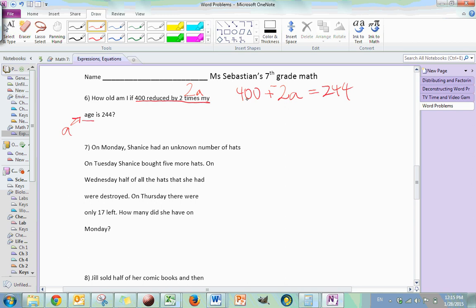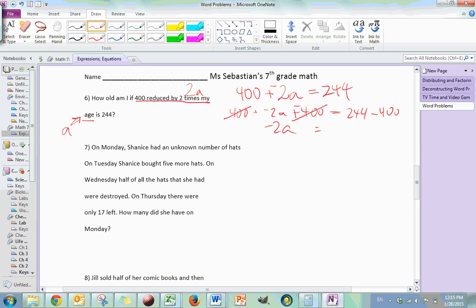Okay, so similarly to the last problem, I can change this to minus. And then I could rearrange, but I'm going to kind of skip that step. And I'm just going to say, hey, let's subtract 400 on both sides. You could have rearranged if you really want. It doesn't make a difference. You just need to know that this 400, which is positive, cancels with this 400 because this one is negative, and you're left with negative 2a.